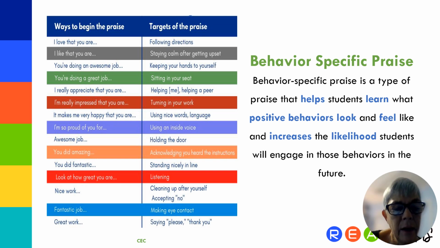So if we have, I love that you are following directions, right? Awesome job holding the door. Nice work cleaning up after yourself and accepting no. So again, being really precise and specific about what behavior we're trying to reinforce. The whole reason we use reinforcement is because we want students to do that behavior again.